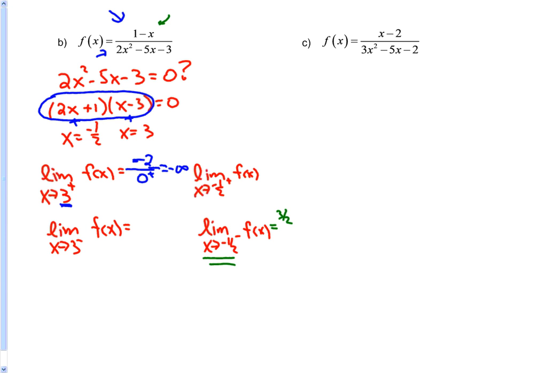The closer x gets to negative 1/2, the closer 1 minus x gets to 3/2. Now the denominator is where we're approaching 0, so we want to see which side we're approaching 0 from, the positive side or the negative side.